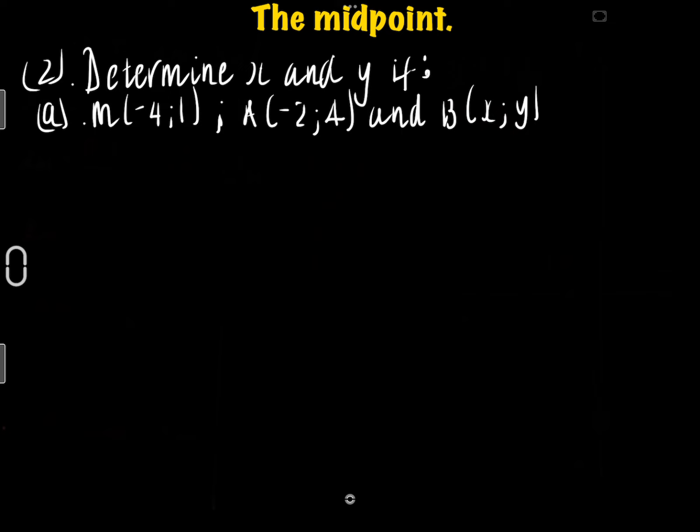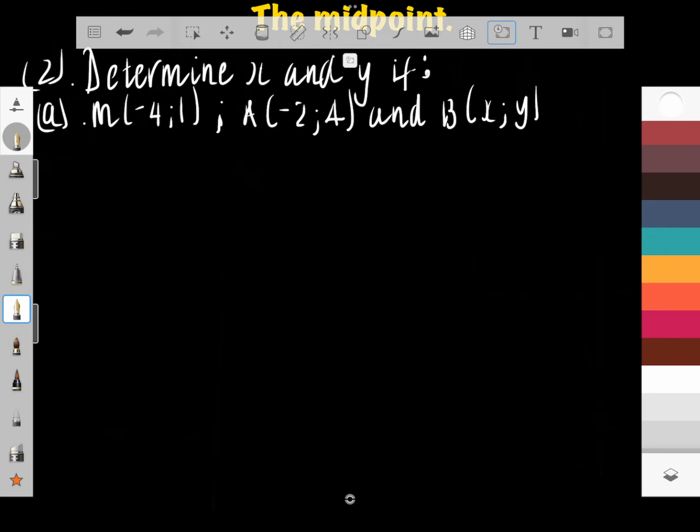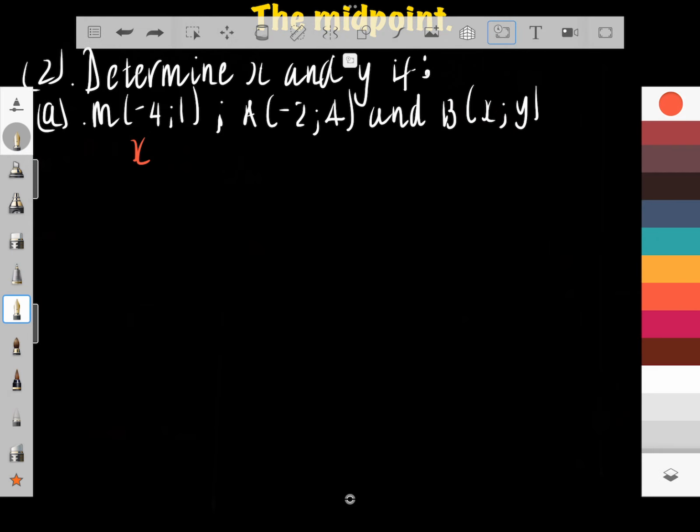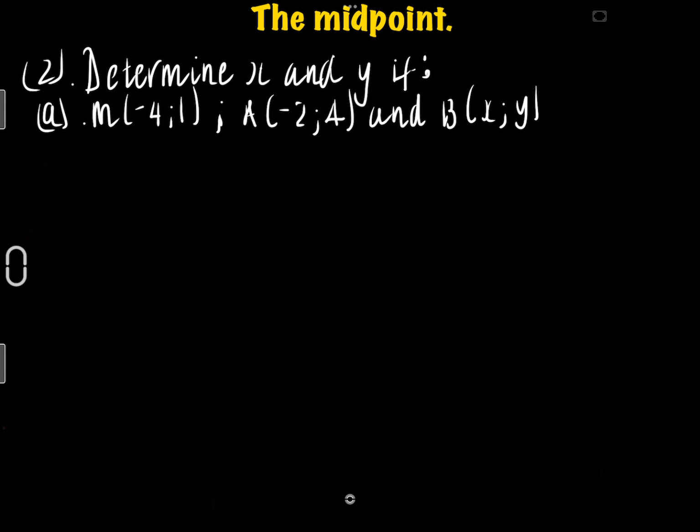So now what happens is, now we are already given the midpoint, so let's go ahead and annotate our parameters. So our parameters in this case, our coordinates for the midpoint, so we have xm and ym.